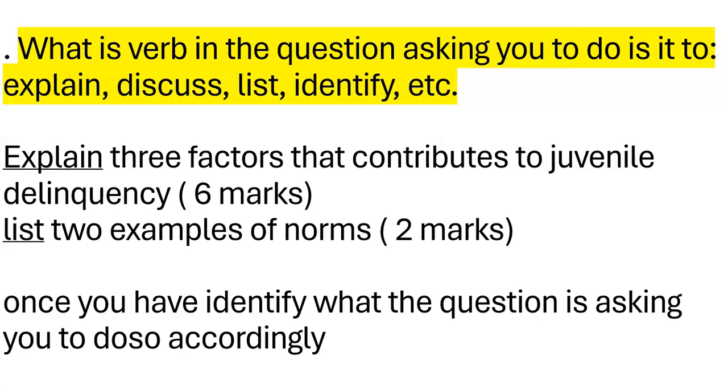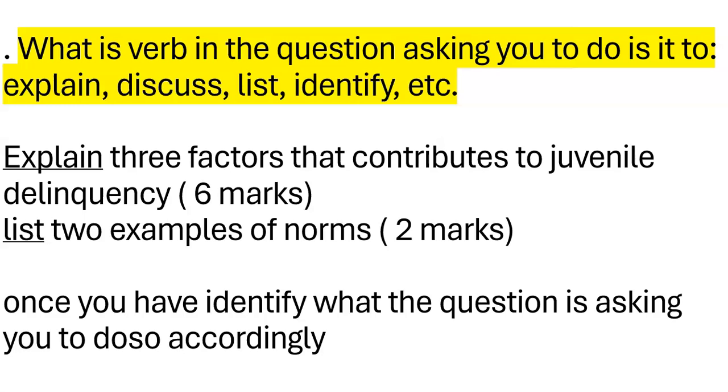The verb is list. When you're asked to list anything in the examination, the only thing that you need to write is your answer in a complete sentence. You do not need to write any examples. You do not need to go in depth in clarifying anything.